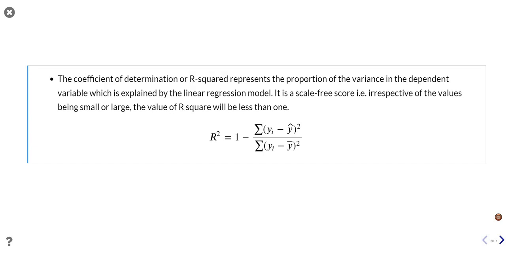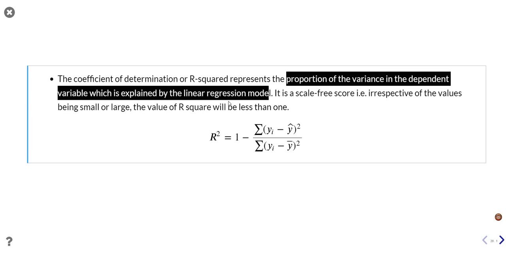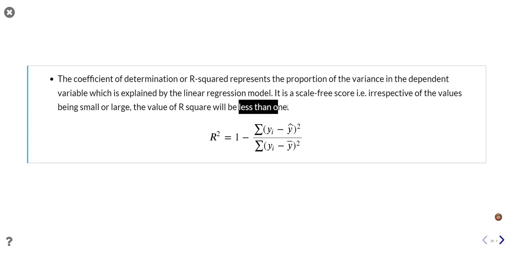This represents the proportion of the variance in the dependent variable that is explained by the linear regression model. Every linear regression model will have its R squared value. This R squared value is a scale-free score, so it doesn't matter how big or small the values are, R squared will always be less than 1.